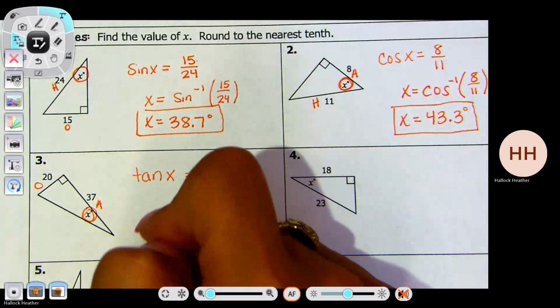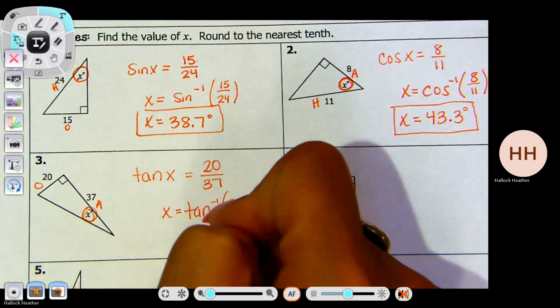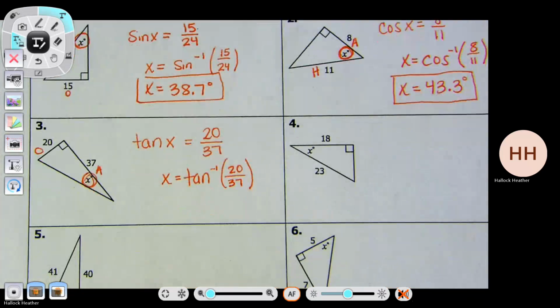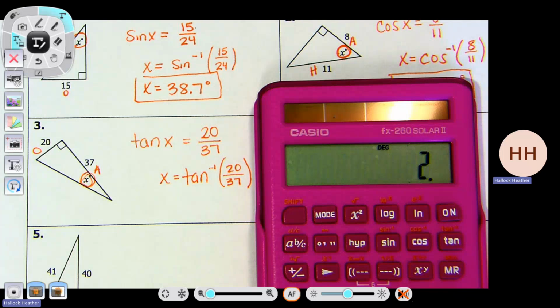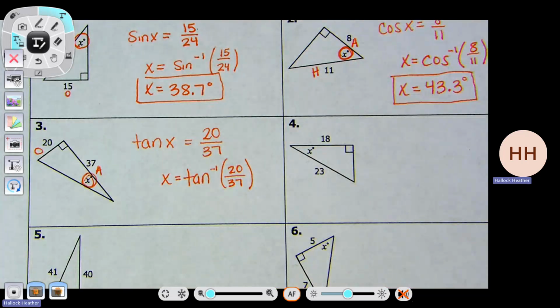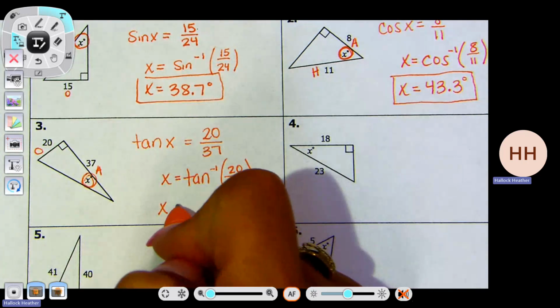So we're taking the inverse. Handy dandy calculator. 20 divided by 37. Press equals, shift tangent. Yeah? Okay. So take a second. Try 4, 5, and 6.